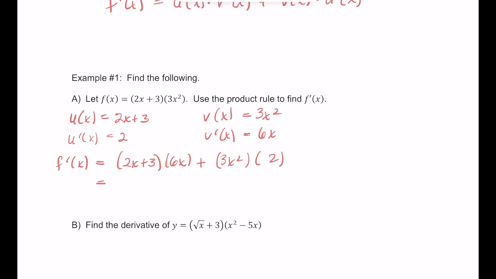So now I'm just going to multiply through. I get 12x squared plus 18x plus 6x squared. And if I combine like terms, I get 18x squared plus 18x, which is the derivative of my original function.